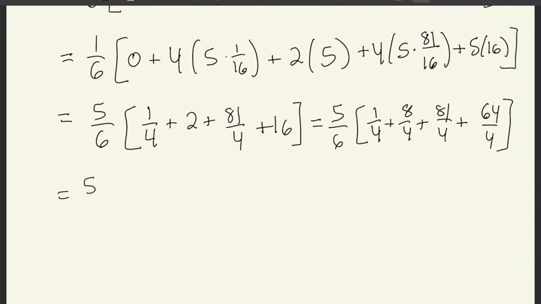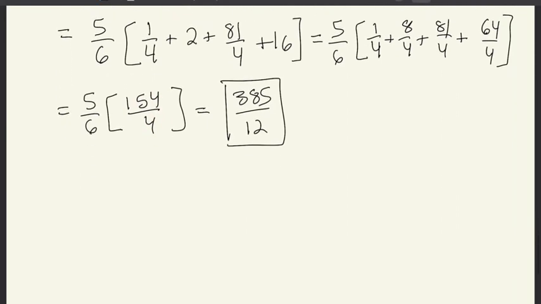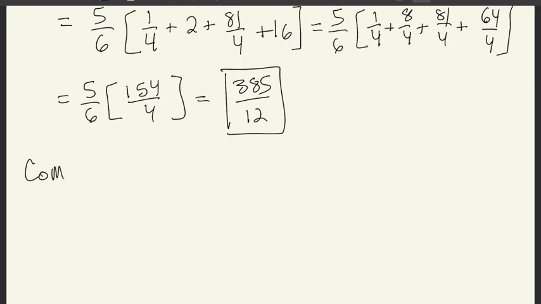Using a calculator, that's 5/6 times 154 over 4, which is 385 divided by 12. Each of these are divisible by 2.